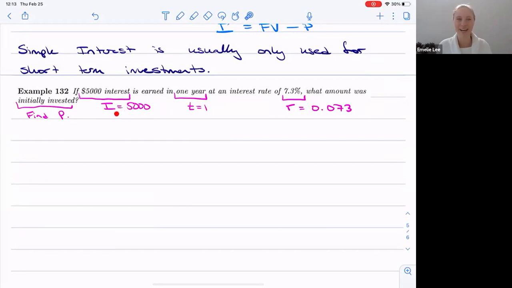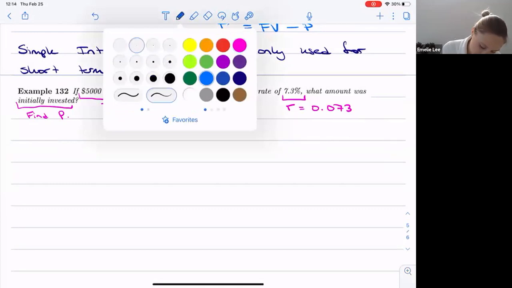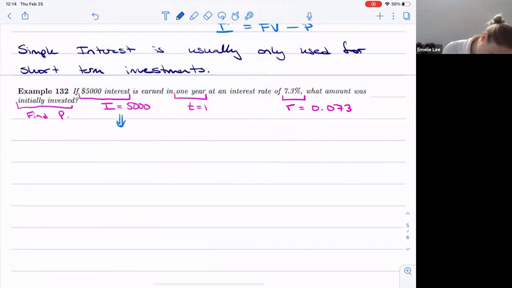Because I have my I, I am going to use the I equals PRT formula. I'm going to show you how you could use both. Well, maybe not this one because it makes it more complicated. But because I have the amount of interest, this is the only time that I'm going to use the I equals PRT formula.